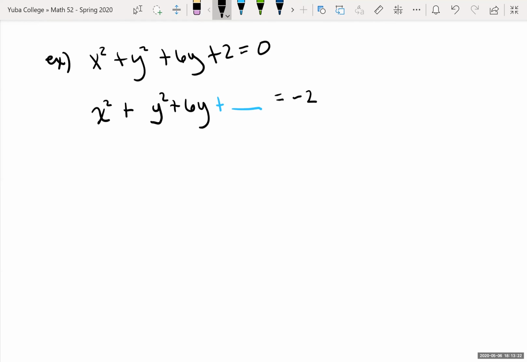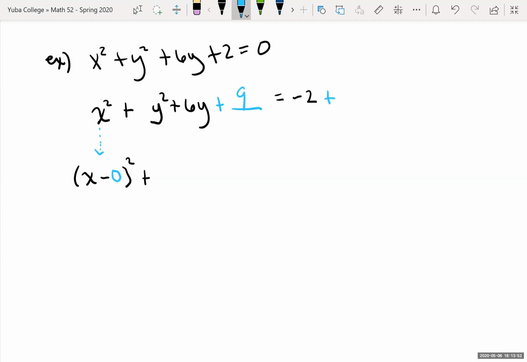So technically, if this helps you to look at it this way, this x squared, usually you wouldn't look at it this way, but if it helps you, this is x plus 0 or x minus 0. Doesn't matter, plus or minus, quantity squared. Plus, okay, so the same number that you would add to get 6 is 3. So 3 times 3, the number that we're going to have to multiply, 3 times 3 is 9.